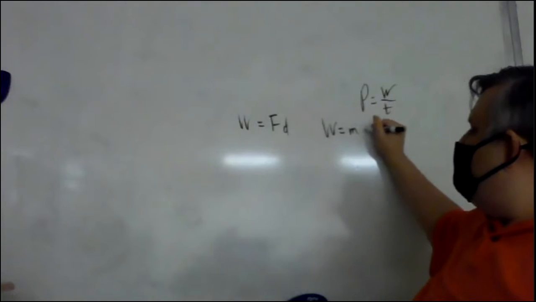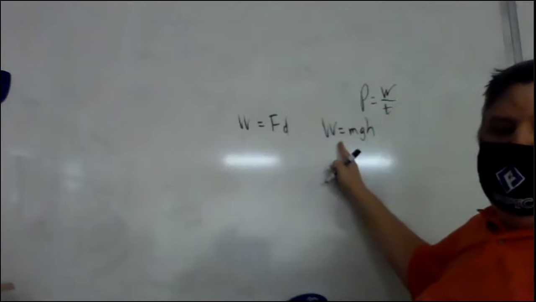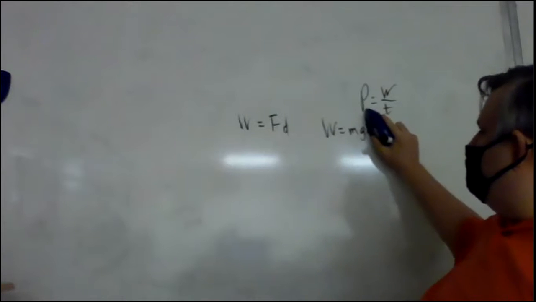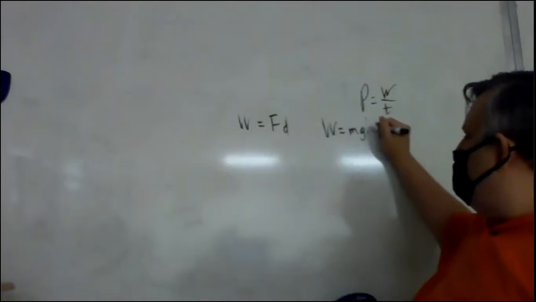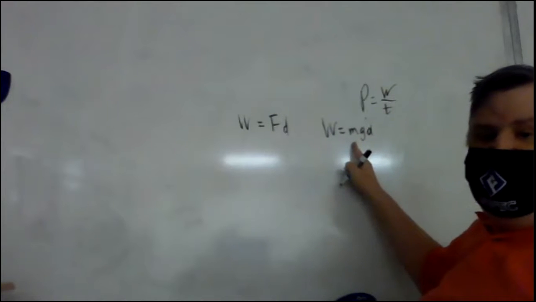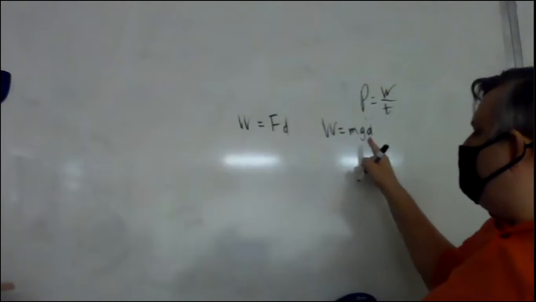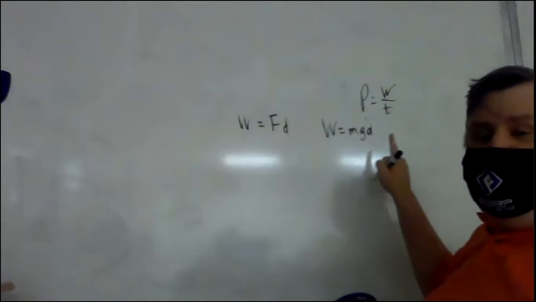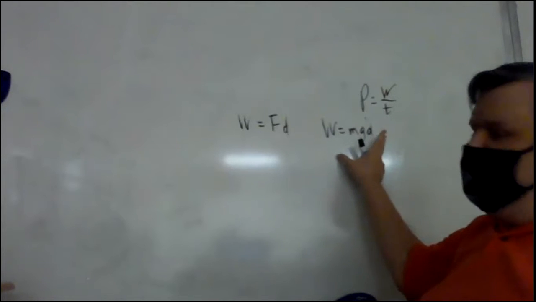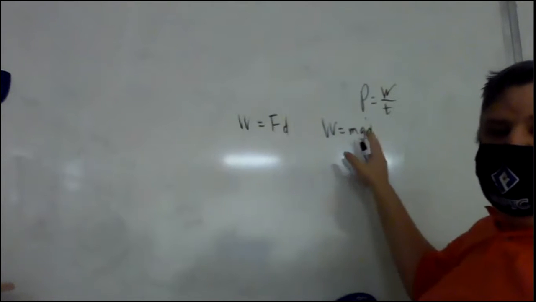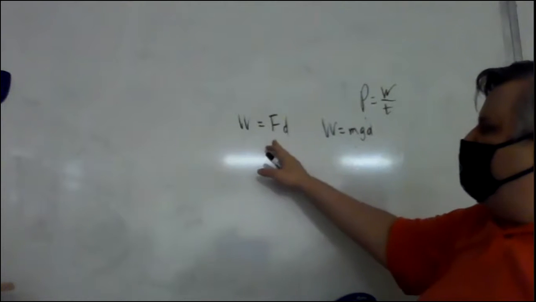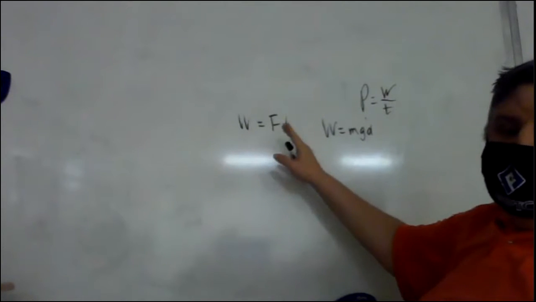The other has mass in it: W is equal to the mass of the object times the acceleration of gravity times distance. This is when you're lifting an object and you're told the mass. The other is when you're lifting or moving an object and you're told the force.